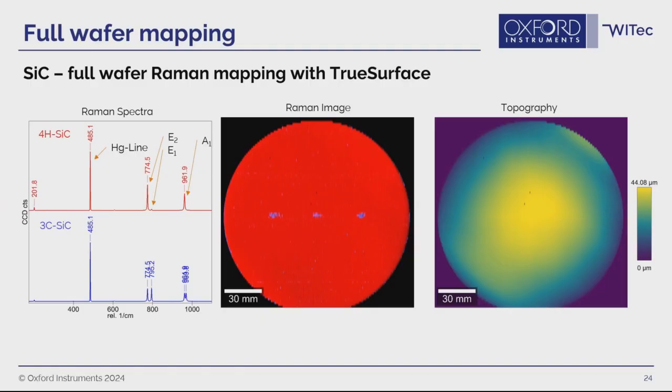The blue spectrum refers to 3C silicon carbide, where we see additional peaks at 795.2 reverse centimeter and 969.8 reverse centimeters. Additionally, both spectra show a mercury line, which was used as an internal standard.